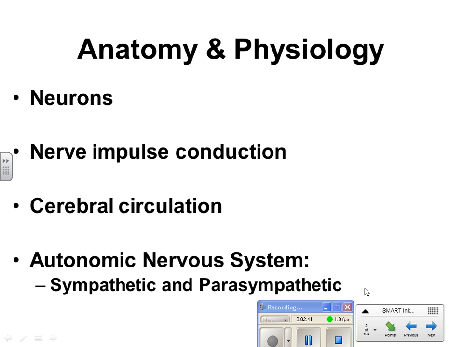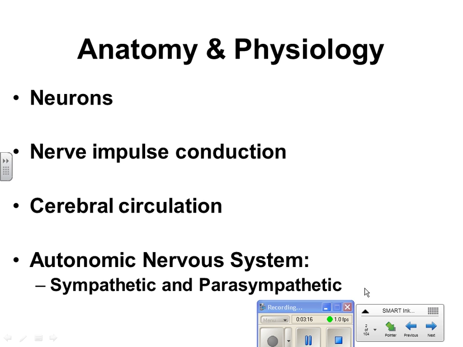So if we have problems, malformations, aneurysms, congenital issues with that cerebral circulation in the circle of Willis, that can cause some neurological problems. The carotid and vertebral arteries form a circle at the base of the brain, which is why they call it the circle of Willis, and that's what provides oxygenated blood and proper circulation to the brain tissue. So if there's problems in that circulation, we can have strokes, we can have aneurysms, we can have other problems with our neurological function.